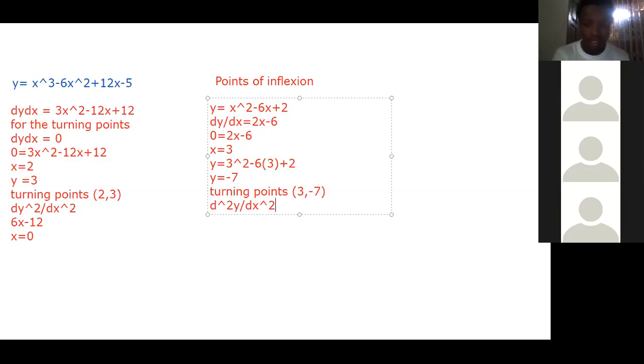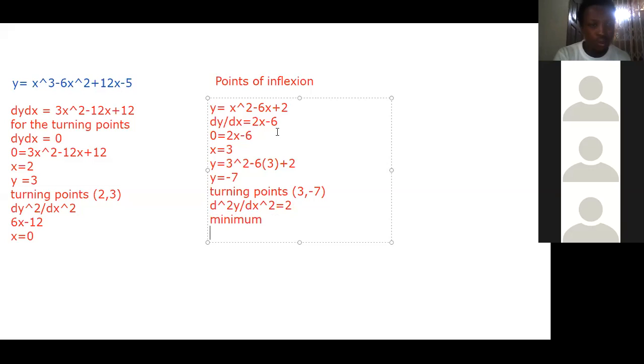What are you getting? 2. We are getting 2. And 2 is greater than 0, right? Yes. So that means the points are minimum. Correct. So the points are minimum. Good.